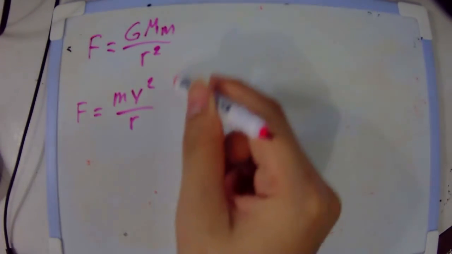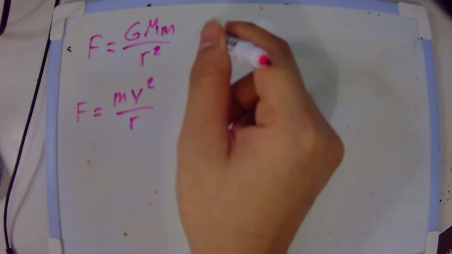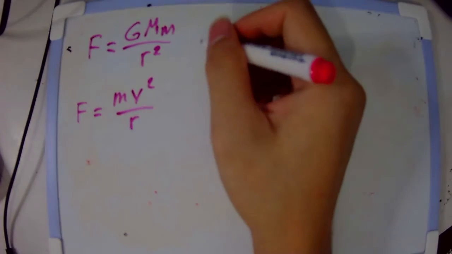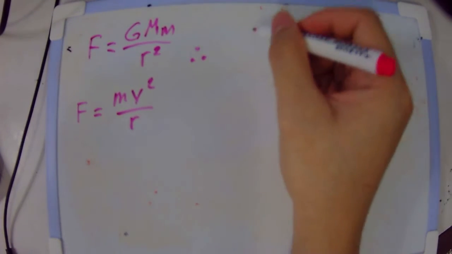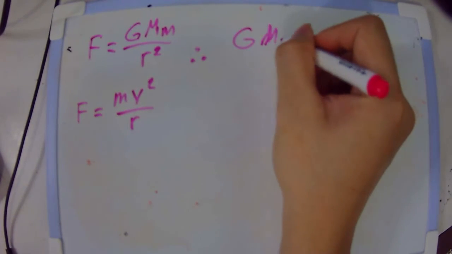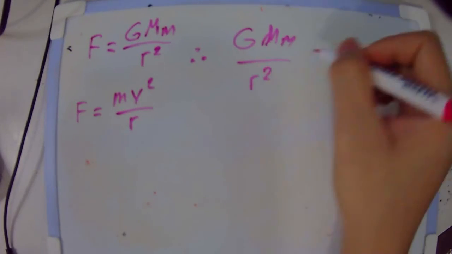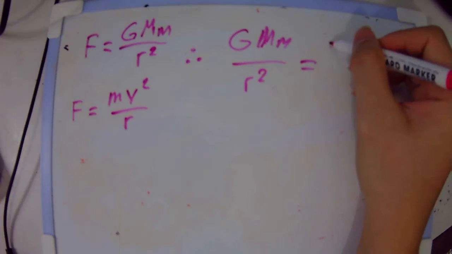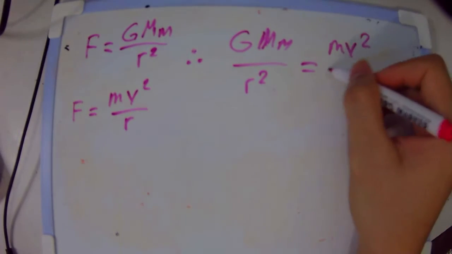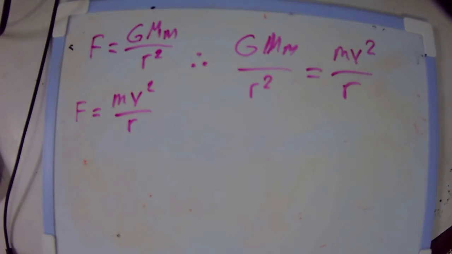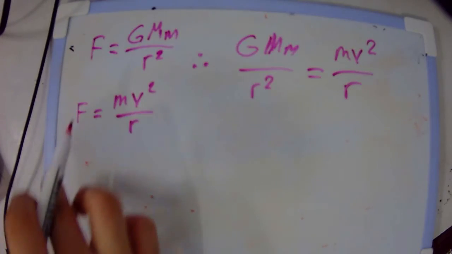Because these two are the same, we can substitute F with the formula. Therefore, GMm over r squared equals mv squared over r, since they are both equal to each other.